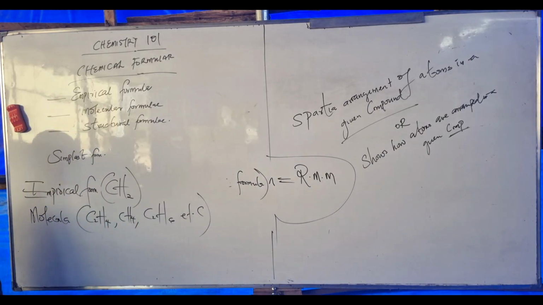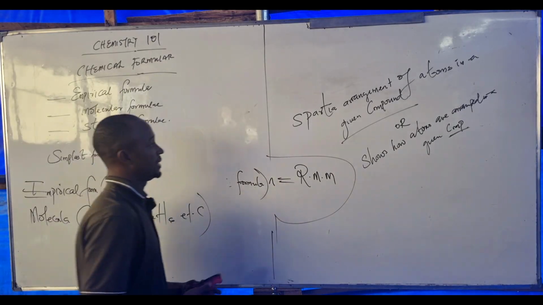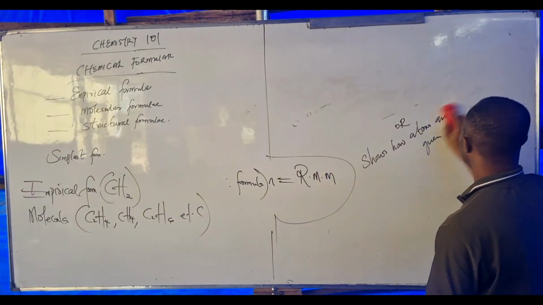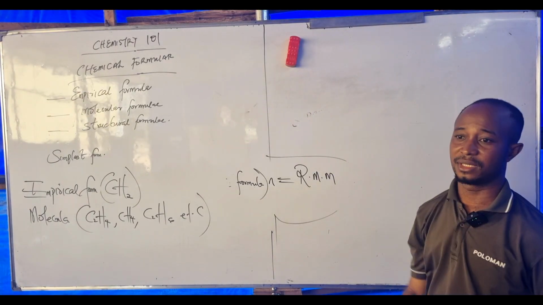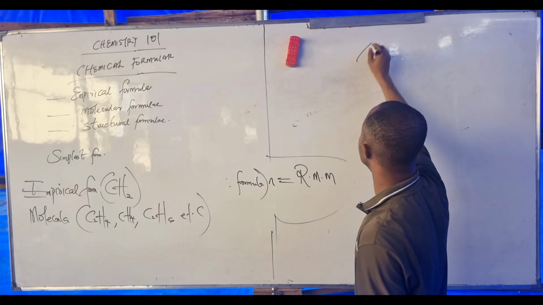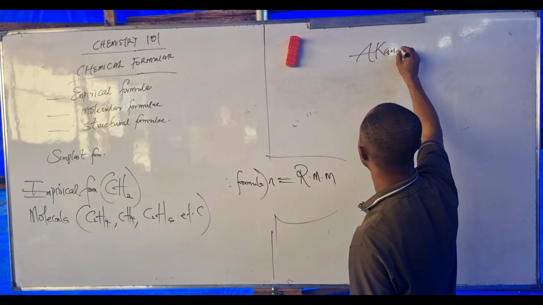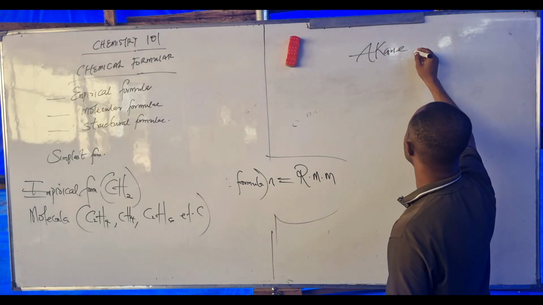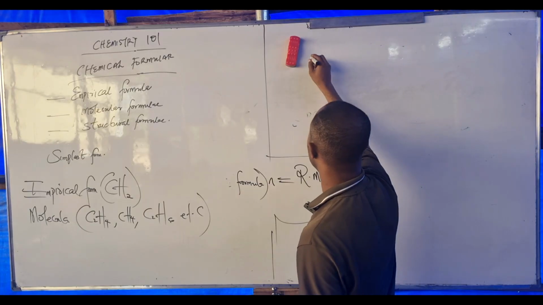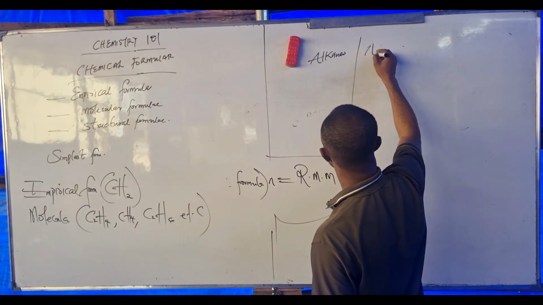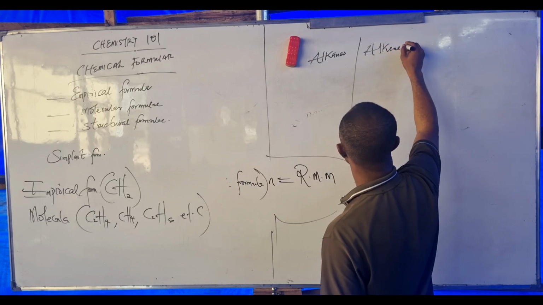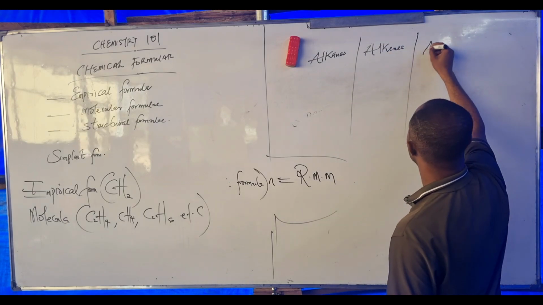Now listen. Are you aware that we have several homologous series? The first one is the alkane, then the alkene, then the alkyne.